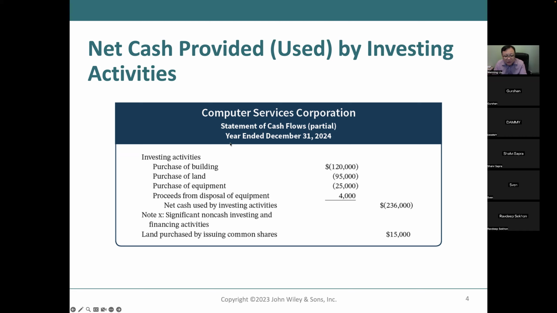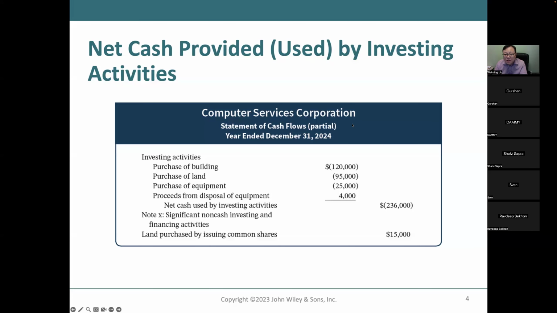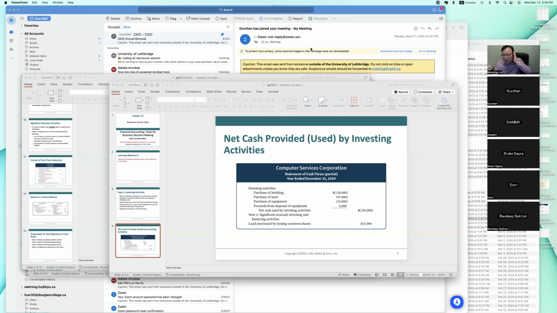So that's how you're going to prepare the investing activity section. You can see this is relatively easier compared to the preparation for the operating activity section. Okay, so this is my learning objective number 3. Does anyone have any question?